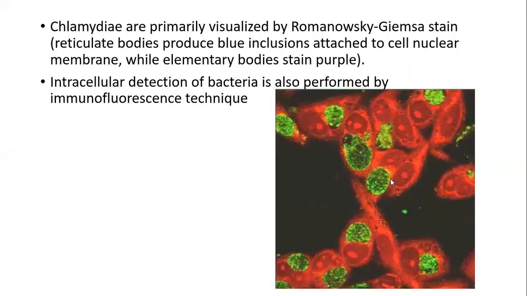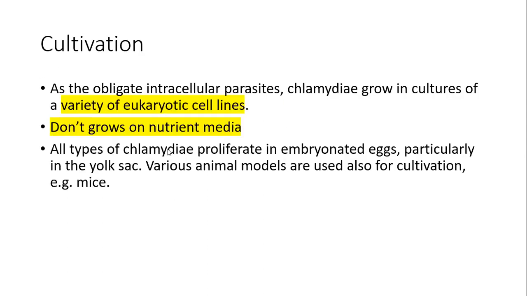Chlamydia are primarily visualized by Romanovsky-Giemsa stain: reticulate bodies produce blue inclusions attached to the cell nuclear membrane, while elementary bodies stain purple. Intracellular detection of bacteria is also performed by immunofluorescence technique. Cultivation: as obligate intracellular parasites, chlamydia are grown in cultures of a variety of eukaryotic cells.